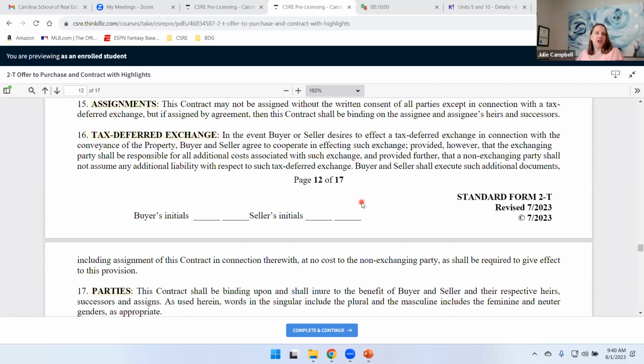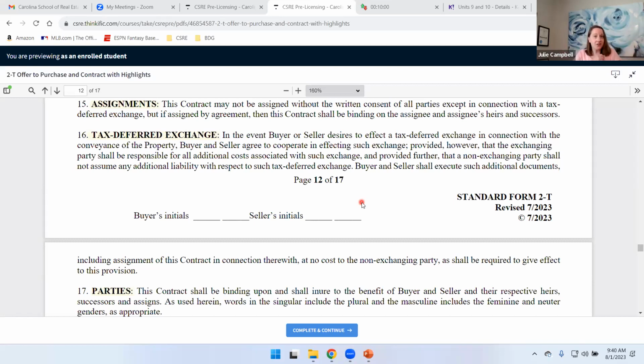So as long as you're exchanging investment property for investment property, the IRS will allow the investor to defer paying capital gain taxes on their investment property. You can defer paying those taxes. The 1031, that's exactly it, the 1031 exchange.